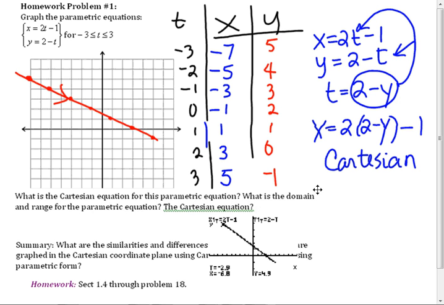Okay, so let's look at number 22. I have to see what I got here. I have to think about that one. I just feel like I don't have enough information. Oh, yes.